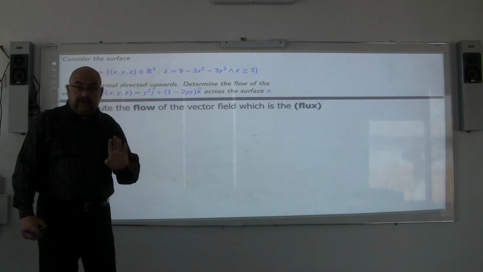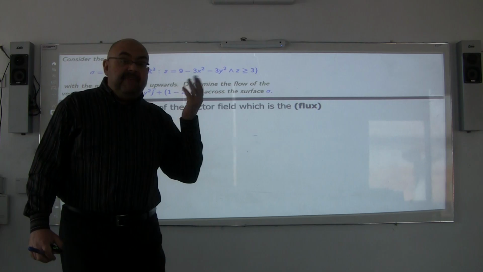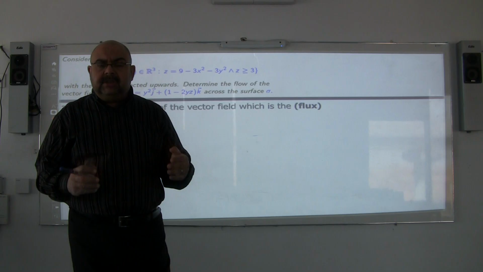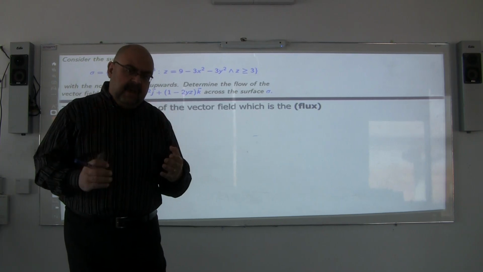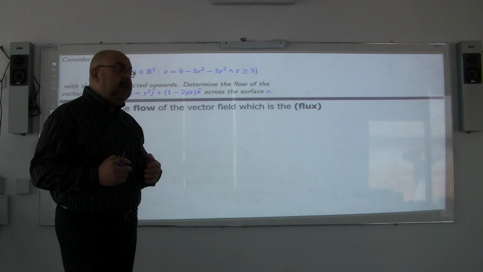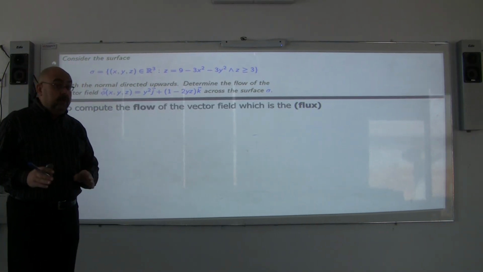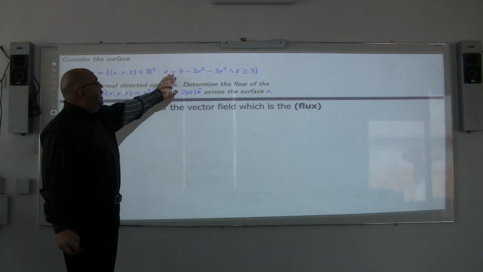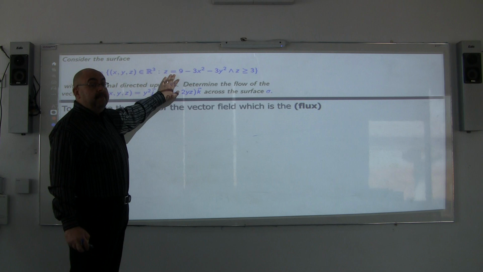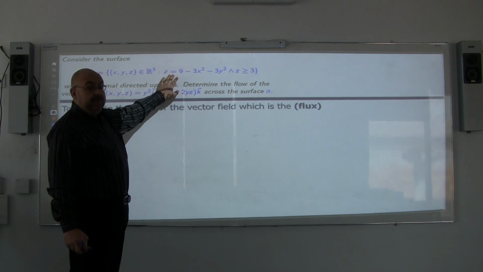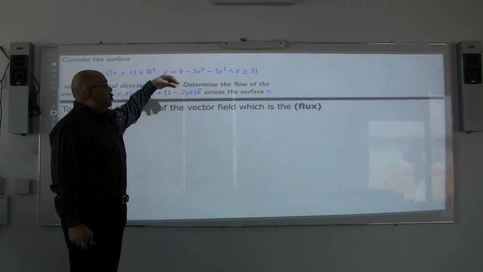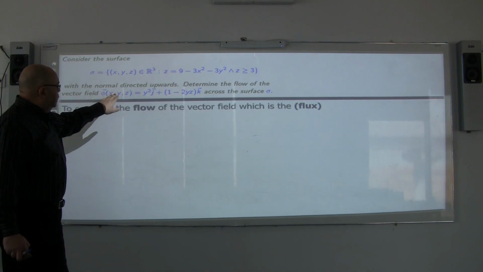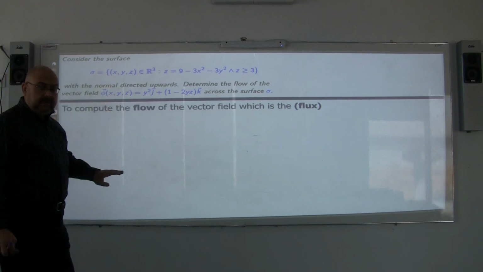Of course, if you remember the first part of our course before the first midterm, we spoke a lot about parameterizing shapes, how to find it, how to parameterize it, and this is going to be a great help, just to go through it before we continue. It will make you imagine what the type of this shape is. Can you remember what the type of this shape is? Yes, you are right. It's a paraboloid, and it's looking downward, as you would see. He wants you with the normal directed upward, so the normal vector is positive.